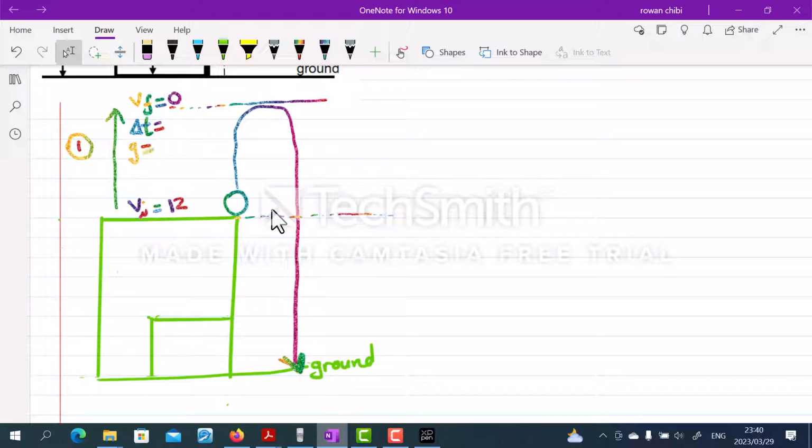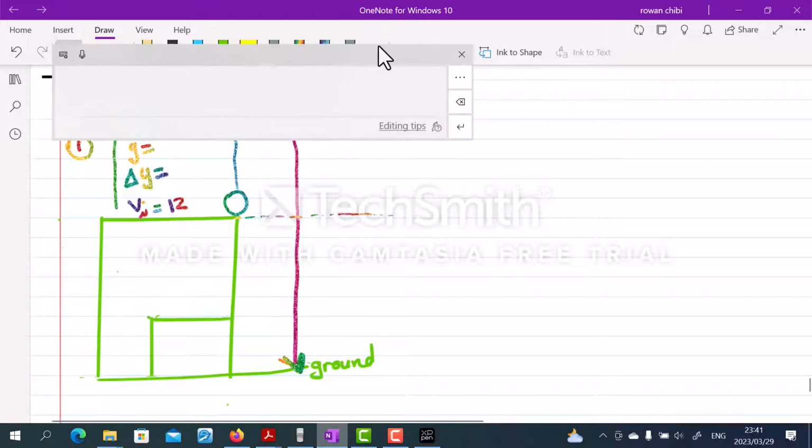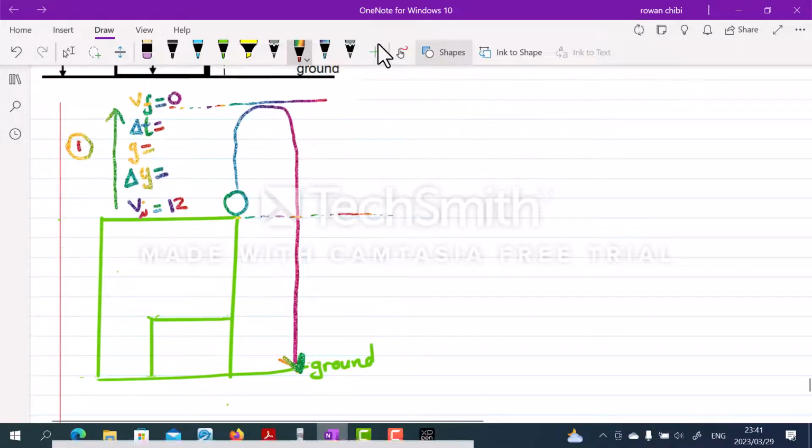We do know the acceleration, and I will explain it. We also don't know the maximum displacement there. Okay, so that is section 1. The ball went up. On this other side, let's say we have section 2.